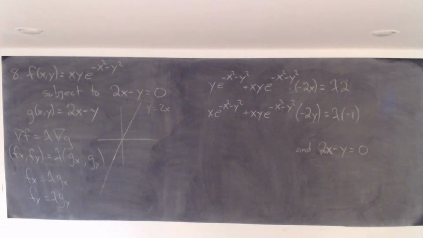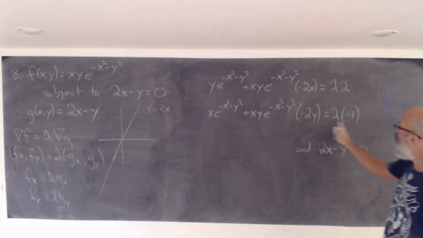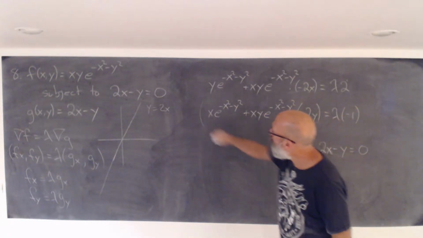All right. What do we want to do? Whatever you want to do. Doesn't seem to be anything good to do here. Let's multiply this one by 2.